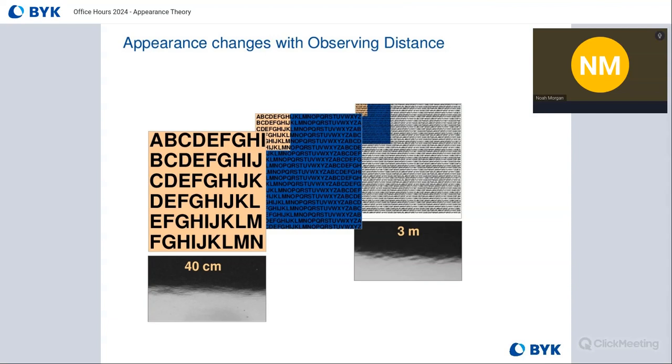This is a great example for this type of relationship. Think of it like the short wave and long wave relationship. If we're looking at a sample from a close distance, we can see some information. In this case, it's a pattern of letters. But as we move away from the sample and the distance increases, we can no longer read those letters. But we can start to see that those letters are forming a pattern that can't be seen from close up.